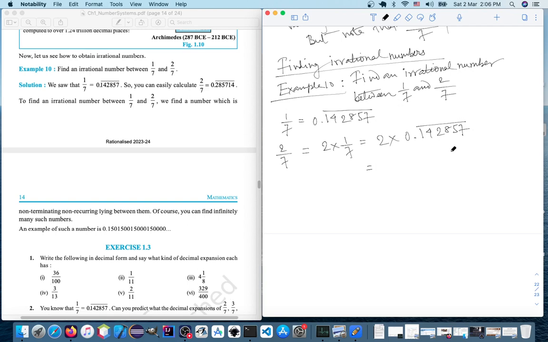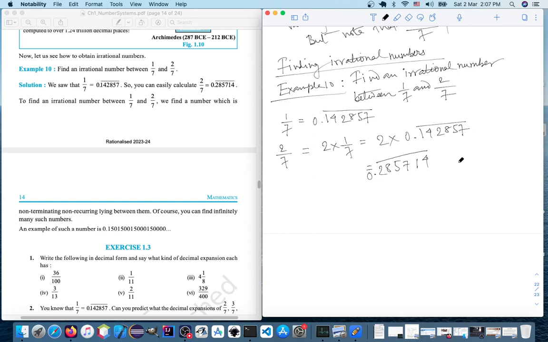Now you can simply do the multiplication, and if you multiply 0.142857 by 2, it will be 0.285714. Also notice that this will be the repeating block of digits of the number 2 by 7.